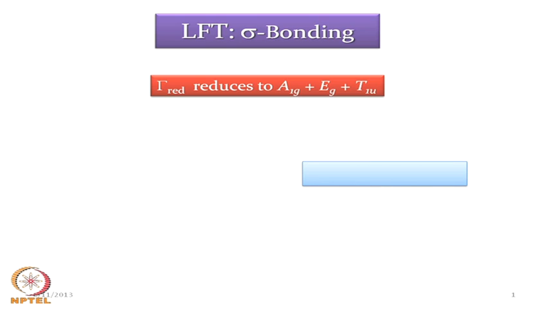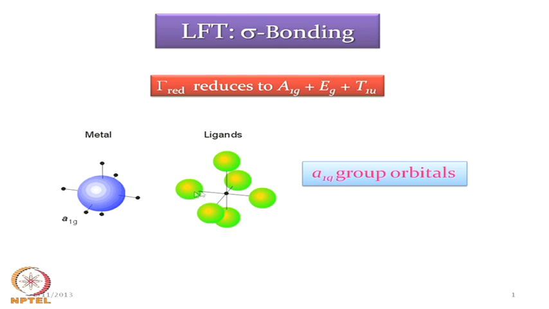The first one we have seen is the A1g group orbitals, a totally symmetric level. The symmetry adapted linear combinations, the SALC orbitals, in A1g symmetry can give us the matching orbital on the metal side, which is A1g, a typical spherically symmetric one, the 3s or 4s orbital.